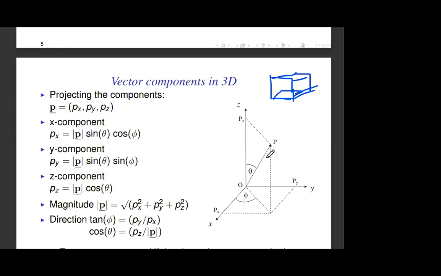So this is the projection on the OXY plane of this OP line segment, right?